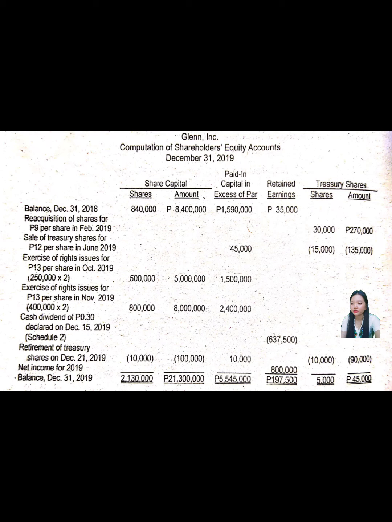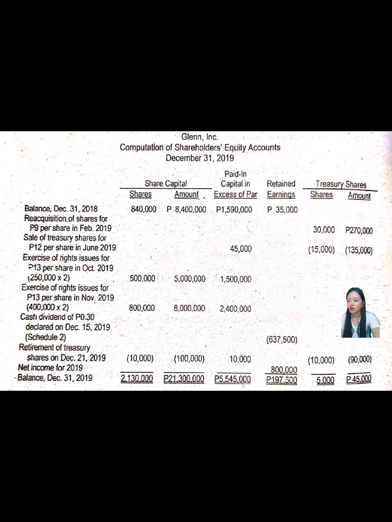So balance for December 31, 2018, in share capital we have shares of 840,000 and a share capital amount of 8,400,000 pesos. And paid-in capital in excess of par, we have 1,590,000 pesos and retained earnings of 35,000 pesos.